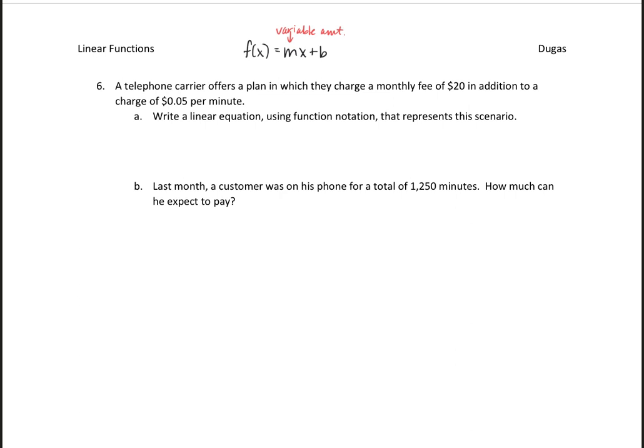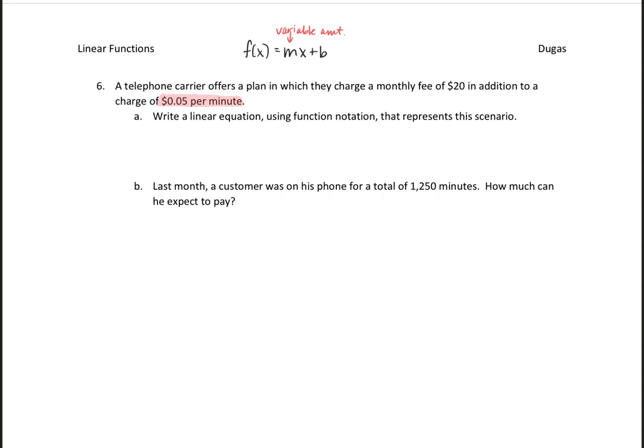That's what's going to go in for M. So since this charge depends on how many minutes you use your phone. So if you use your phone for 1 minute, you're charged 5 cents. If you use your phone for 2 minutes, you're charged 10 cents, etc. So the amount you're charged varies by the number of minutes you use.